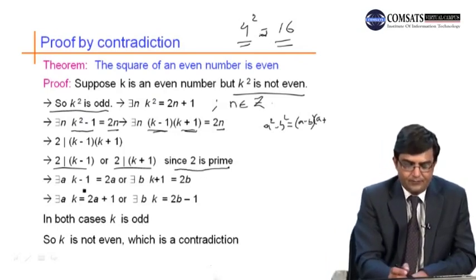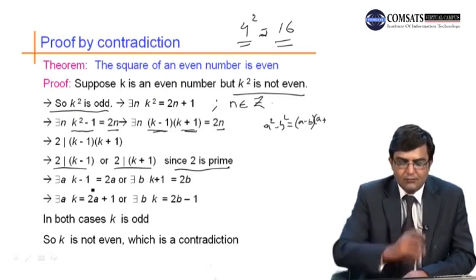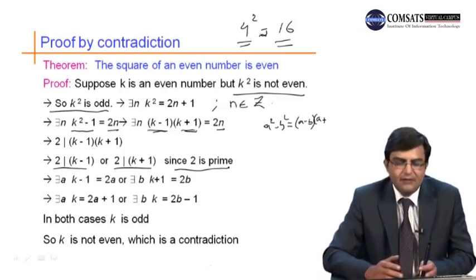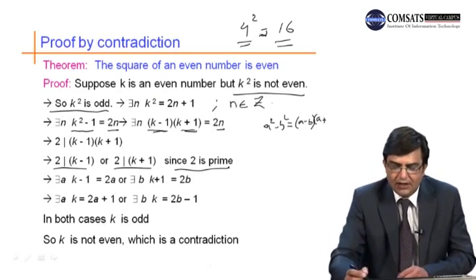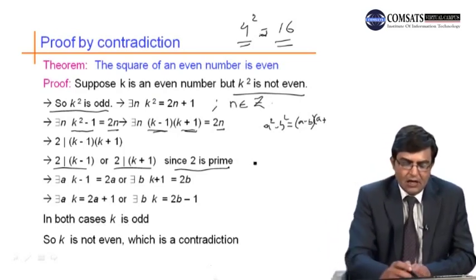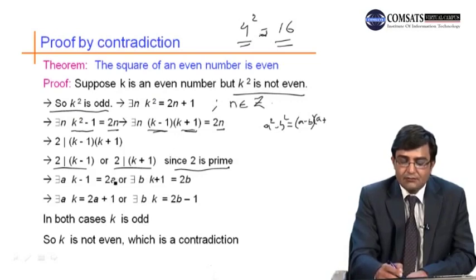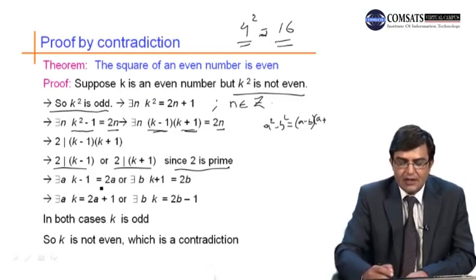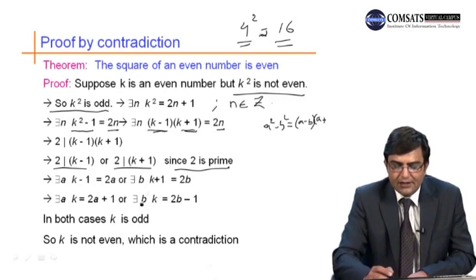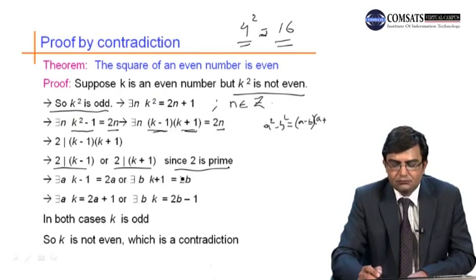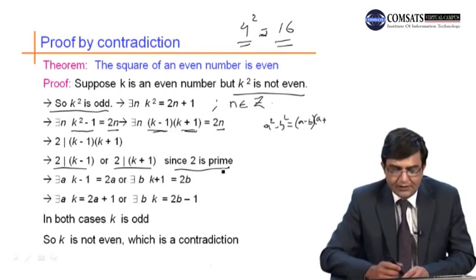If 2 divides k minus 1, by the definition of divisibility, we can write k minus 1 is equal to 2 into some integer, 2a, where a is some integer. Or if 2 divides k plus 1, then k plus 1 can be written as 2b, where b is some other integer.